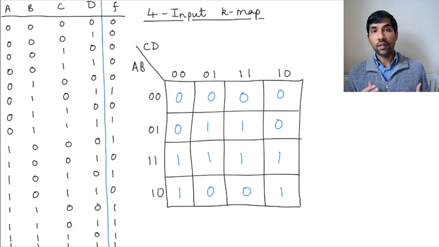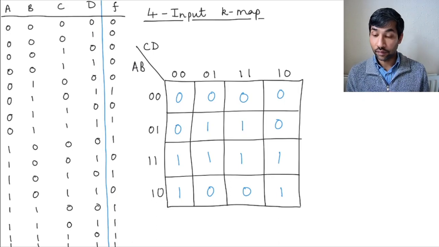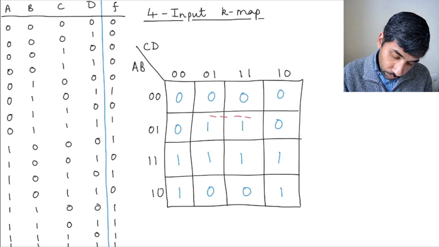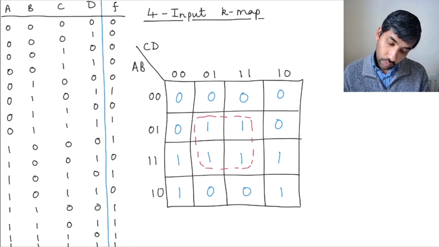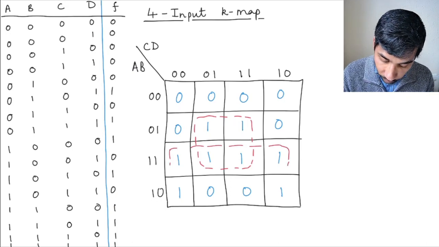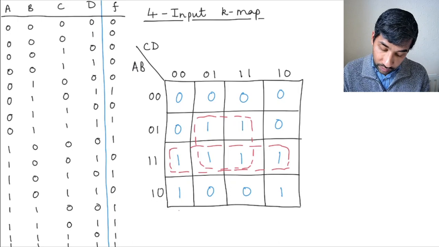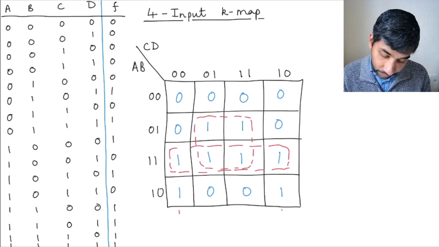And again, what I want to do is make as big groups of these ones as I can. Okay, so I'm going to put all these ones in one group. There are four of them, right? And now I want to cover these two ones as well.